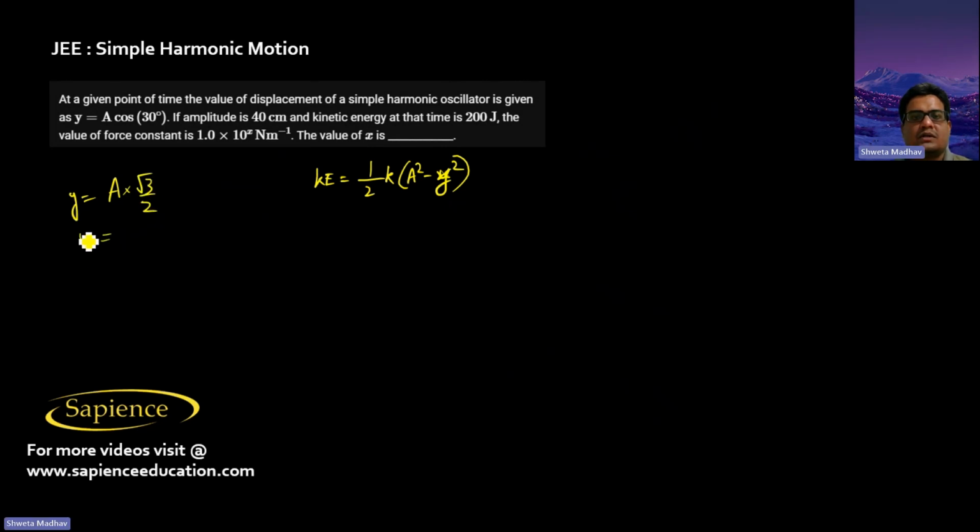So y square will be 3a square by 4, which is 3 by 4 into 40 by 100 into 40 by 100. So this will be 12 by 100, so this is 0.12.